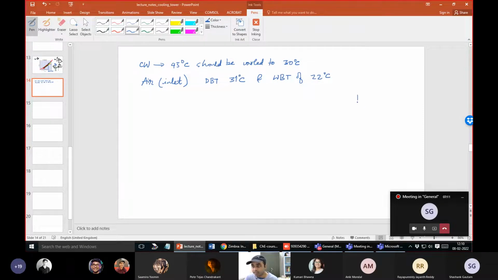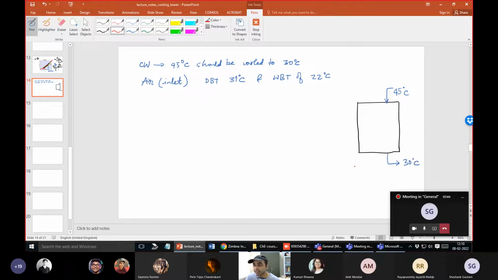So if I try to draw the schematic here and write down the different information. The cooling water that enters is at 45 degrees centigrade and it leaves at 30 degrees centigrade.